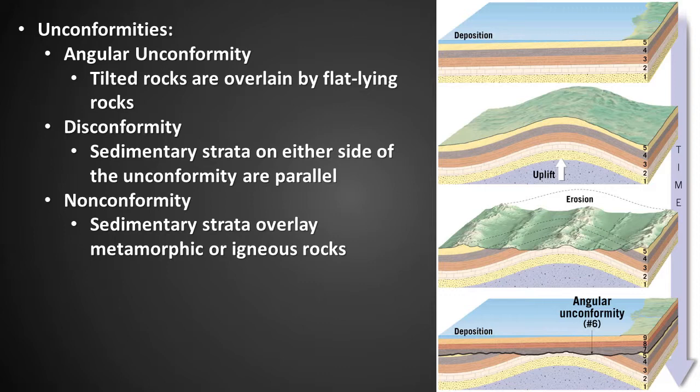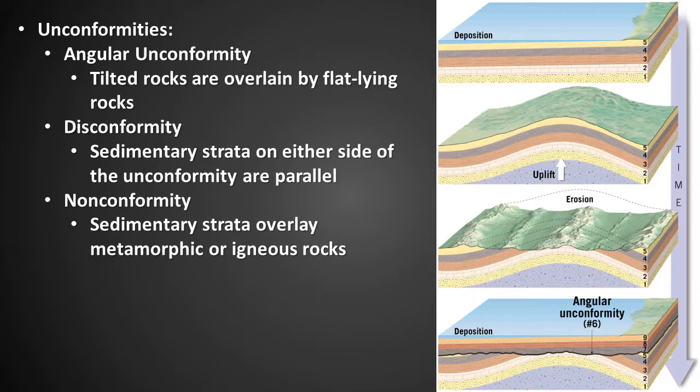There are three main types of unconformities. An angular unconformity is where the tilted rocks are overlain by flat-lying rocks. A disconformity is where the sedimentary strata on either side of the unconformity are parallel to each other. A nonconformity is where sedimentary strata overlie metamorphic or igneous rock.